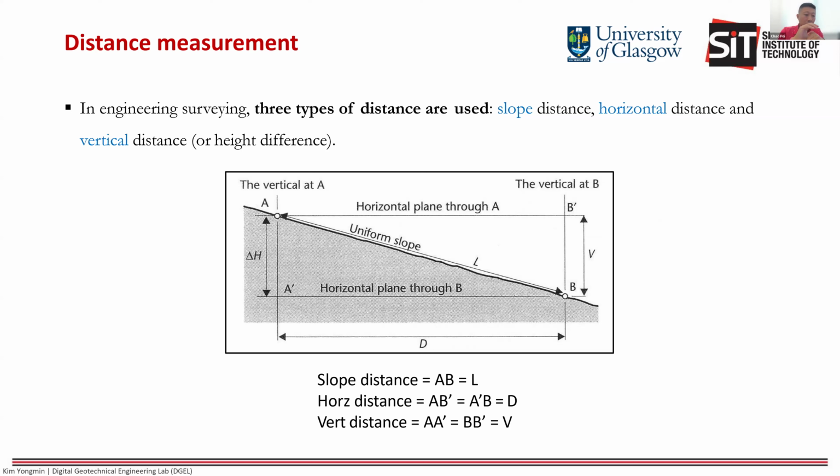For most instruments, like a total station, it will automatically measure the slope distance, which is L in this sketch, the direct distance from point A to point B. Then the horizontal distance and the vertical distance, which are D and delta H in the picture, or you can say V, are calculated by the instrument or by yourself. So only the slope distance is measured.